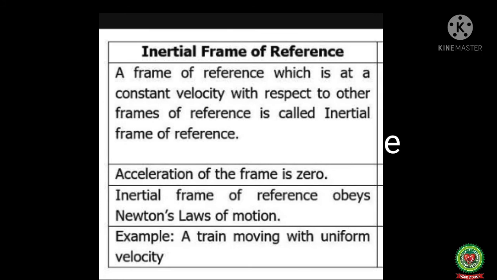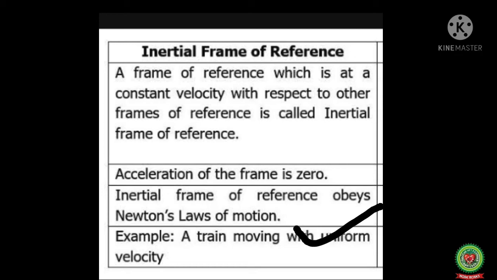A reference frame in which Newton's first law is valid is called an inertial frame of reference. It is also called Galilean frame of reference. In an inertial frame of reference, a body at rest remains at rest and the body moving with constant velocity remains in uniform motion if no net force acts on it.